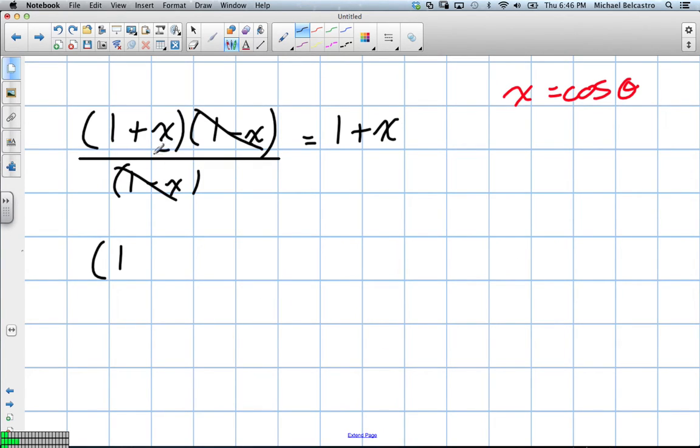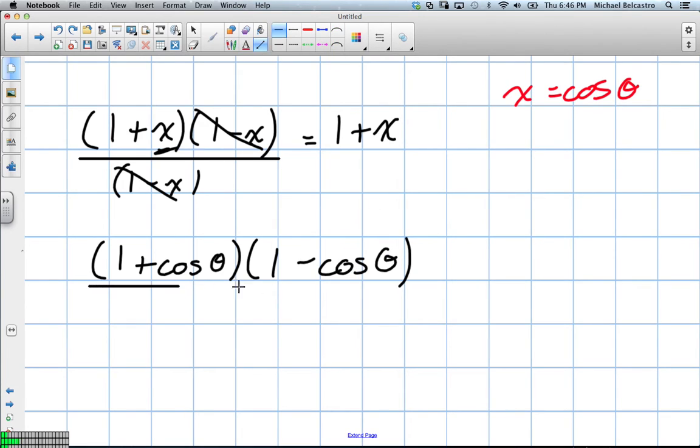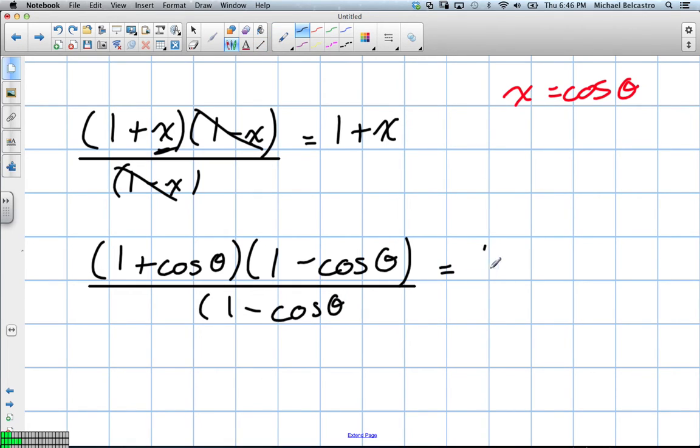Now x is cos theta, so 1 plus cos theta, 1 minus cos theta, divided by 1 minus cos theta, is equal to 1 plus cos theta. Does this make sense? I can do that to simplify something.